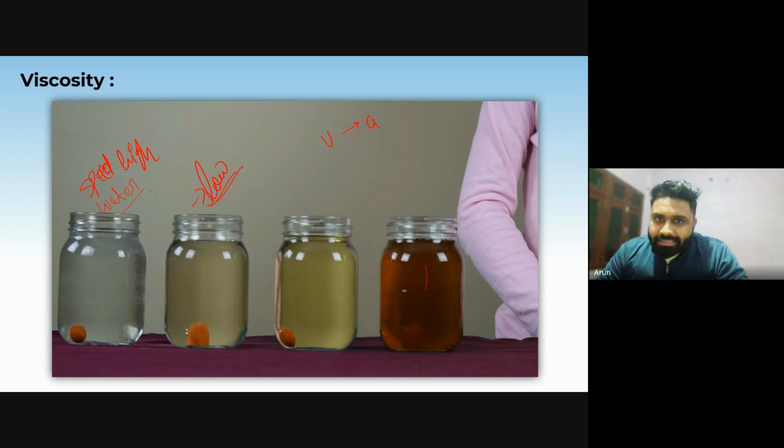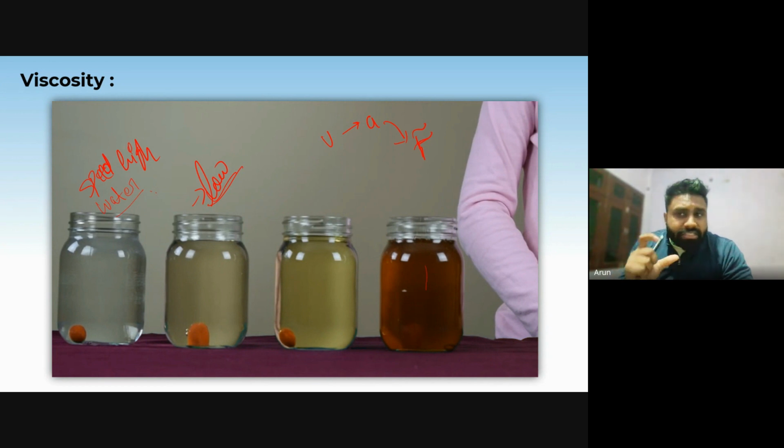And who is going to produce this acceleration? Newton says that this acceleration would come because of a force. So the liquid, or this fluid, is applying some kind of force that is reducing the velocity of a ball which is falling in the liquid.